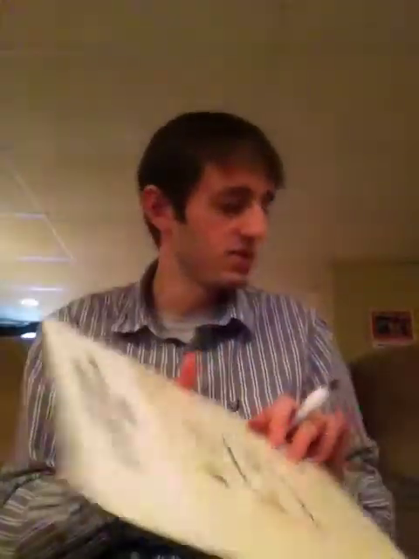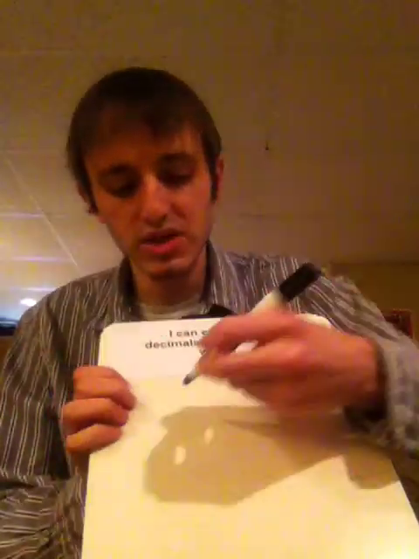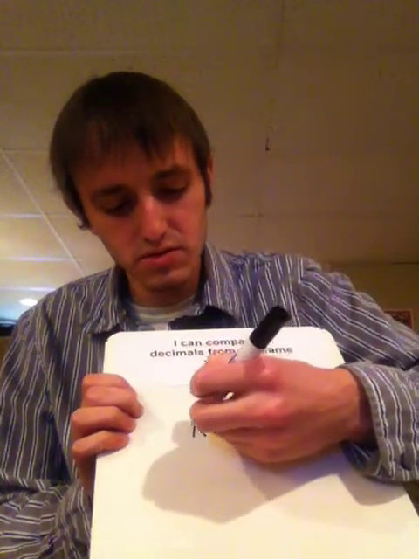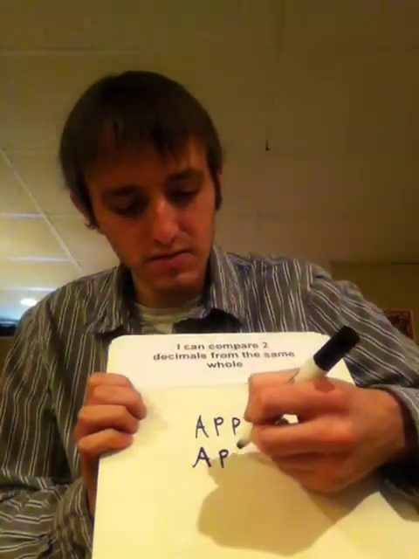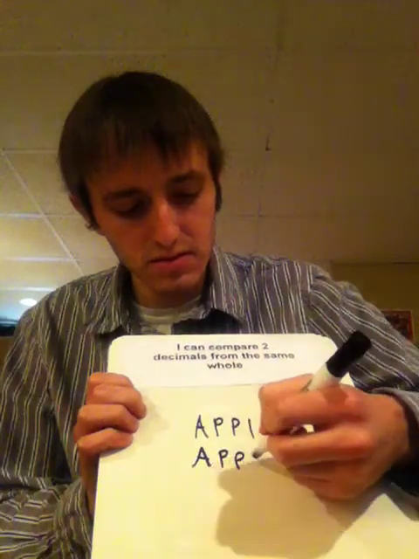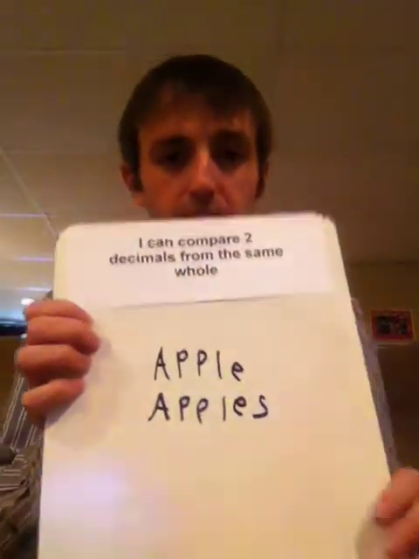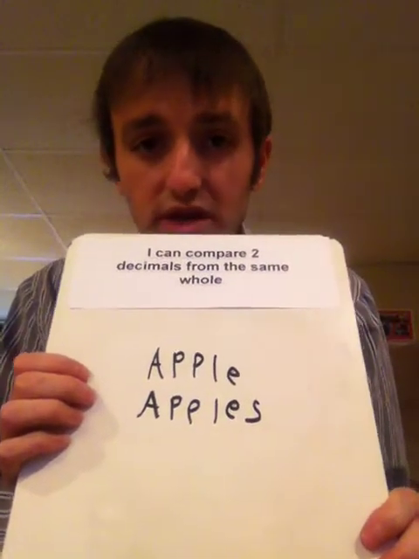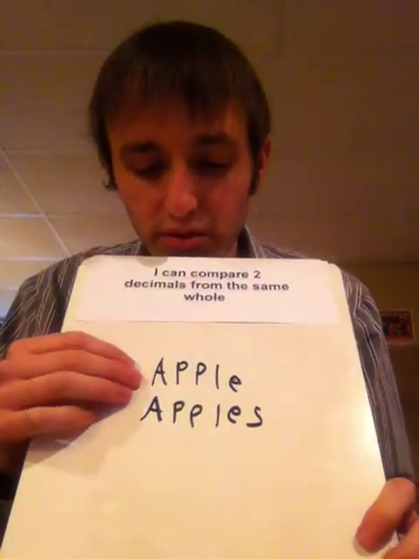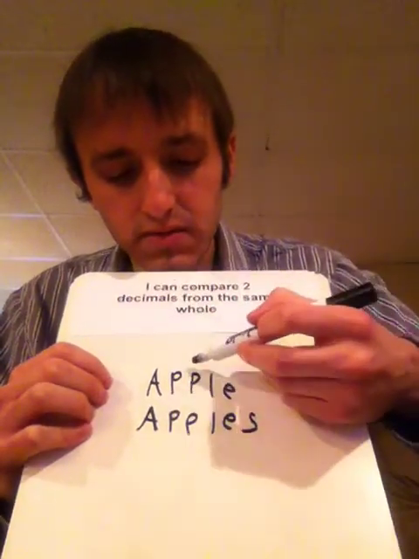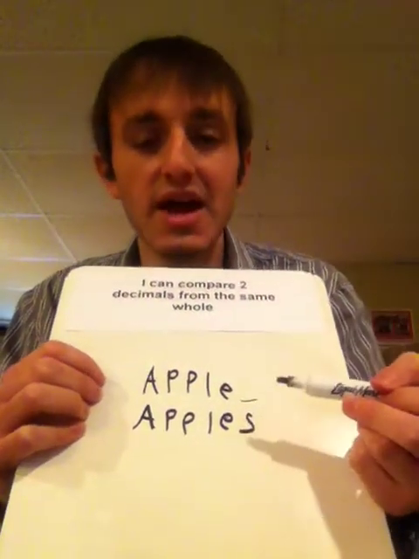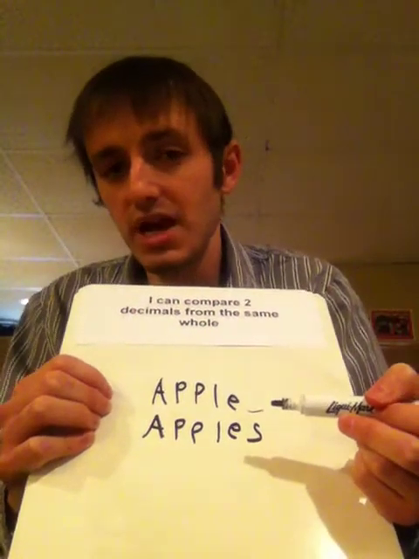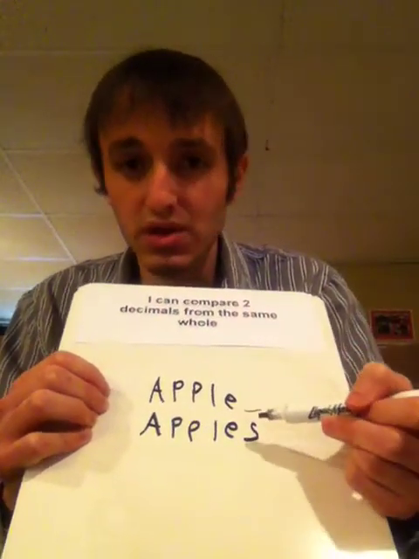Now let me apply this to something you guys are really familiar with. If I were to ask you which of these words comes first in the alphabet, this one would be tricky because as you can see, they both start with an A. Then we go to the next letter, P, both have an L, both have an E. Now this has nothing, and this has an S. So if we were looking at which one came first in the alphabet, it would be this one because S would come after, obviously, nothing.